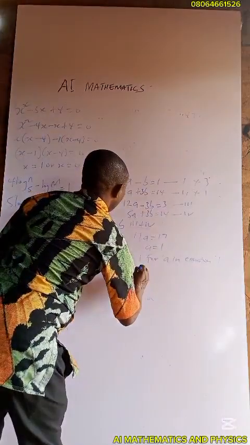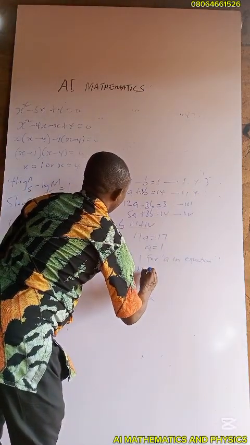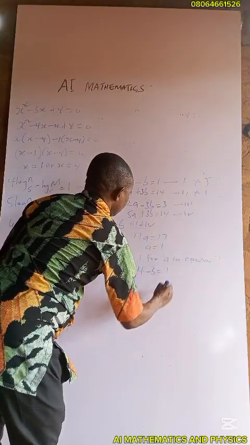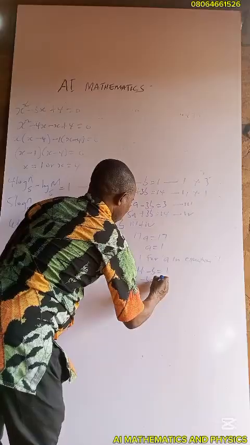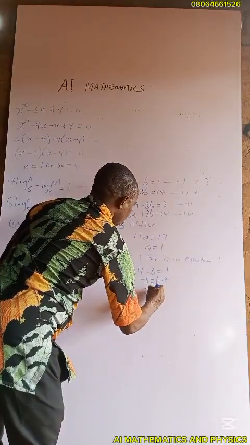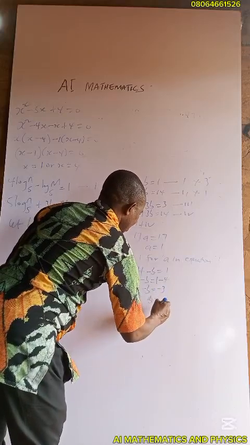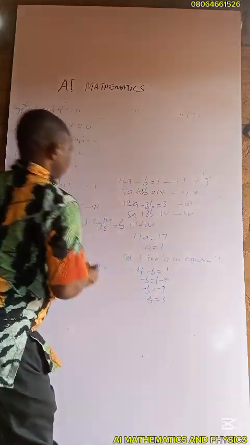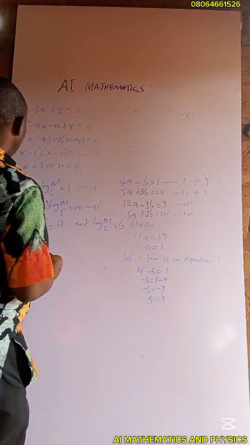That will be 4 times 1, that's 4 minus b equal to 1. That is minus b equal to 1 minus 4, that's minus b equal to minus 3. b is equal to 3.